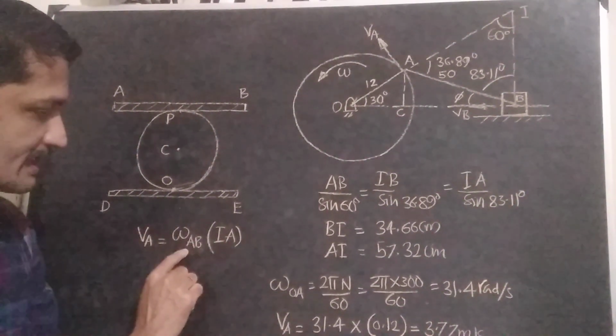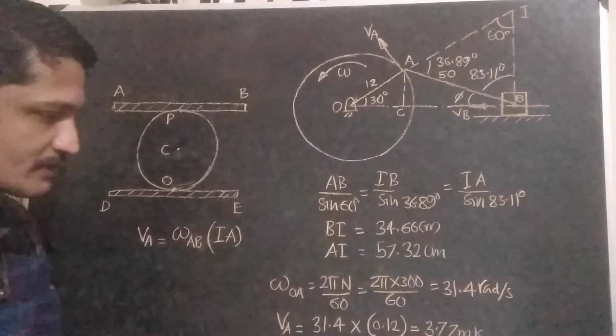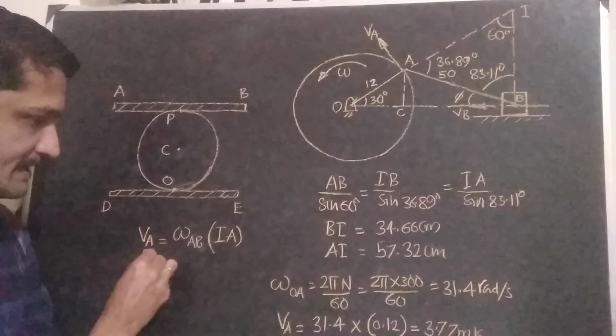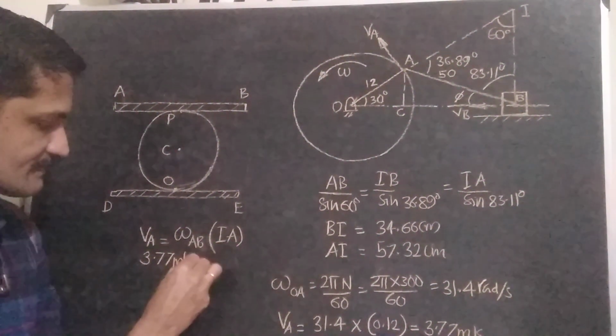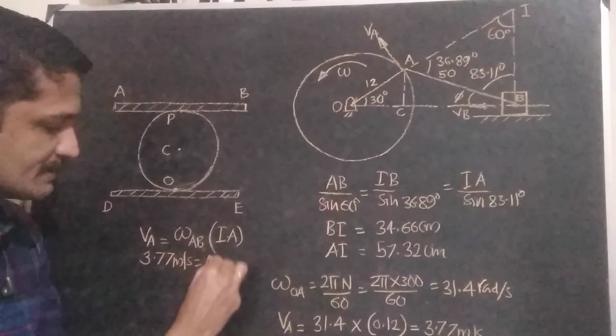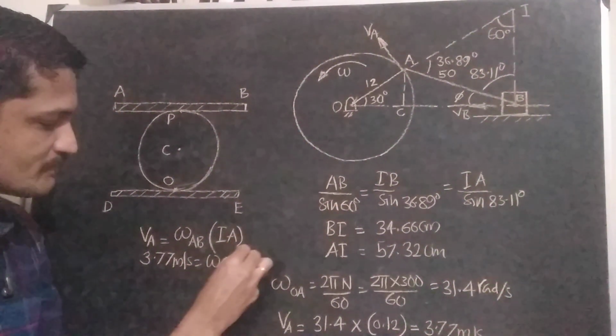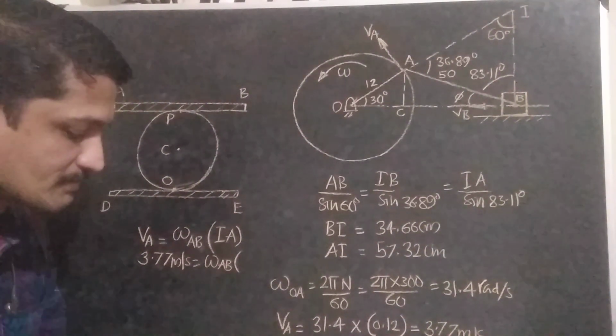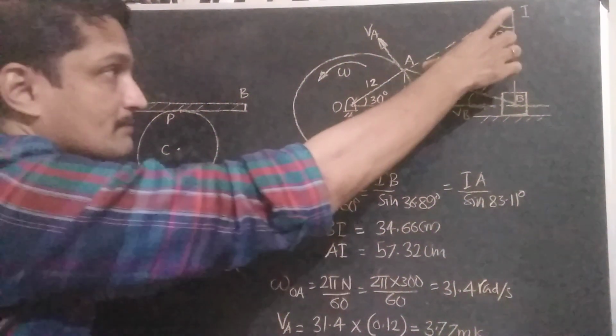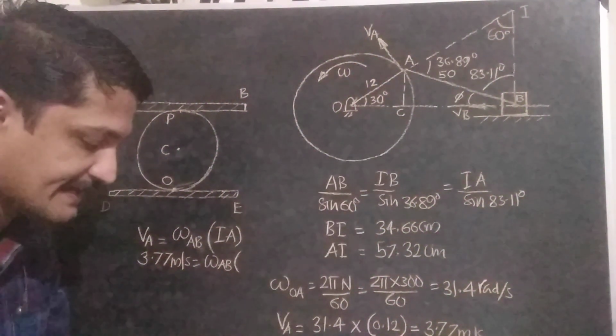Then VA is equal to omega AB into IA. We have already found this out, so we can substitute that value here. 3.77 meter per second is equal to omega AB into IA. We can measure this distance IA.